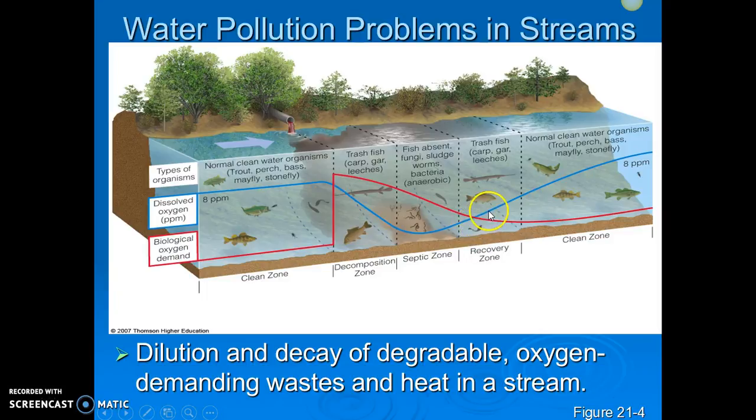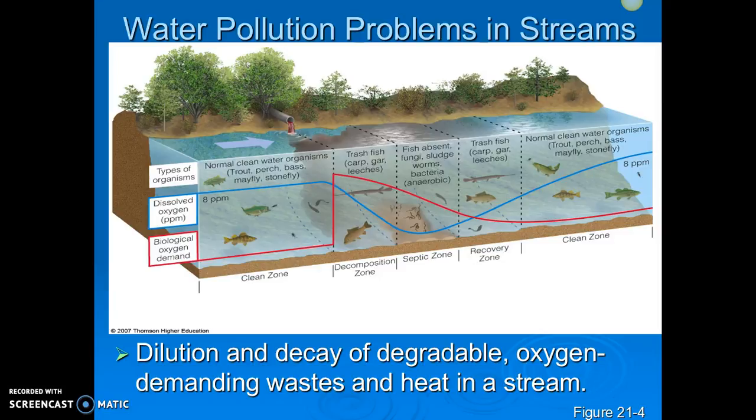It takes a little bit of time for them to change places again, as far as the dissolved oxygen and the BOD, to come back up and begin to finally have a normal, healthy stream again. But that's if the pollution is only put out in one area. If you have more pollution put out in multiple areas down a stream or a river, this process is going to continue to decay and end up causing problems.